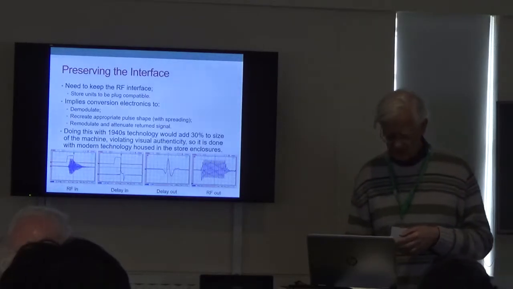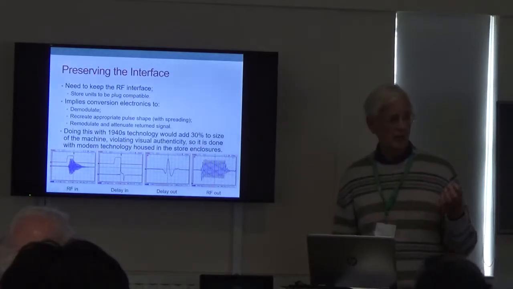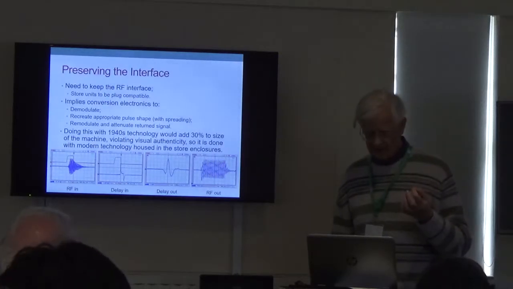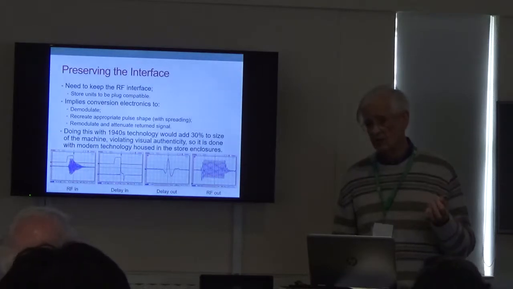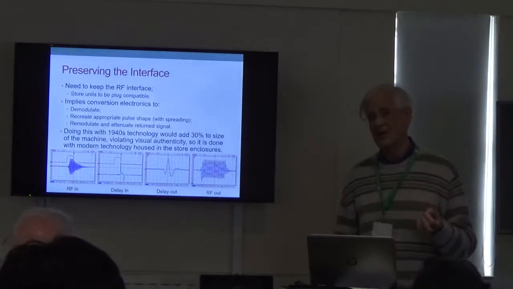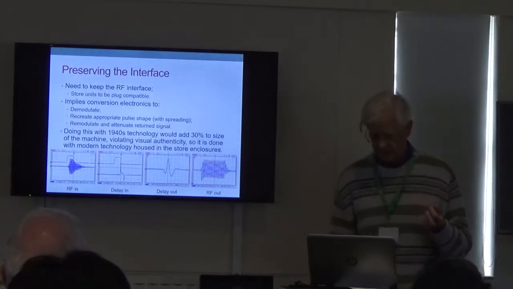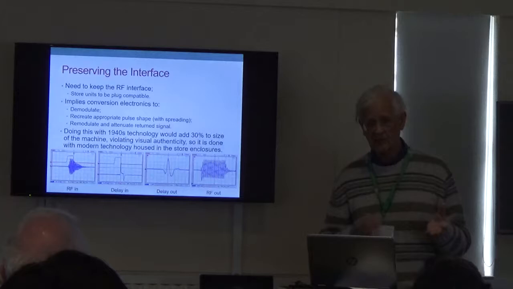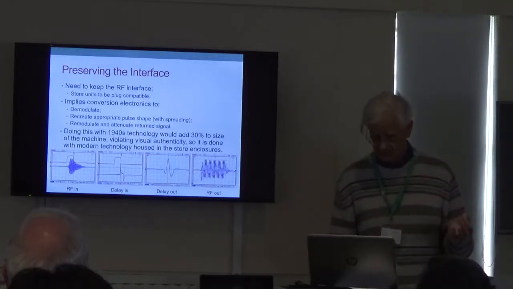Now that implies that we're going to have the original machine driving with RF pulses, and the nickel delay line is a baseband system, and so we have to demodulate, clean up the pulses as they come out of the wire delay line, and then remodulate them to RF. So there's quite a lot of work to be done there to make the things fit with the same plug interface as the original had.